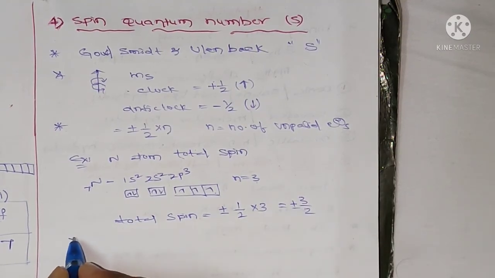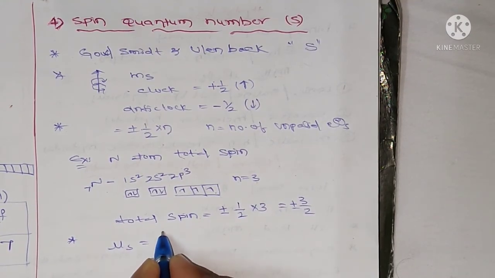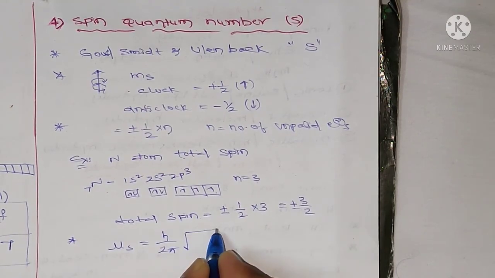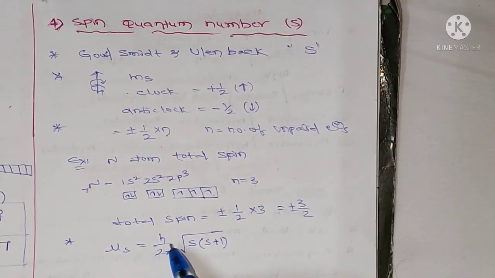And a spinning electron produces angular momentum equal to mu s is equal to h by 2 pi into the square root of s into s plus 1.